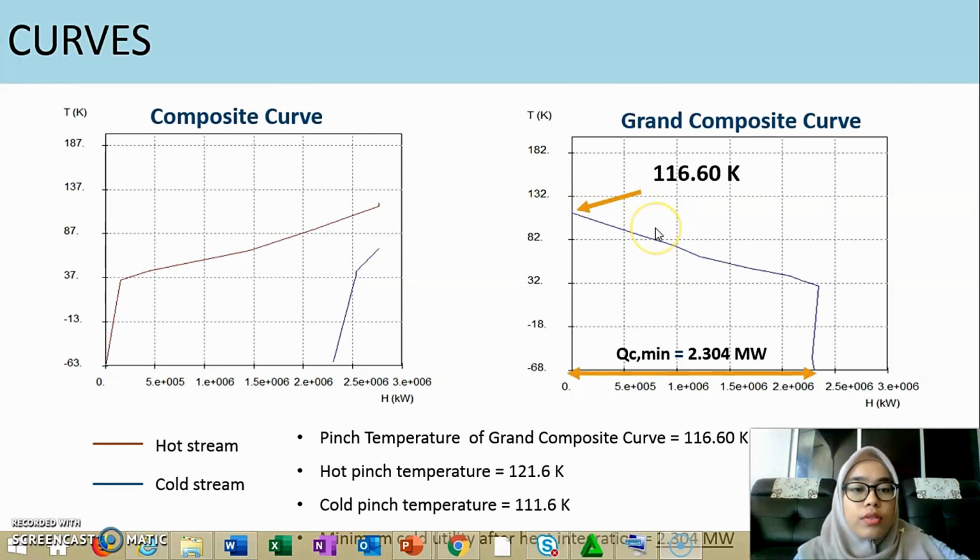For the grand composite curve, we are able to determine our QC min, as we can see here. This is our QC min, and this is the pinch temperature, where it is recorded at 0 kilowatt.